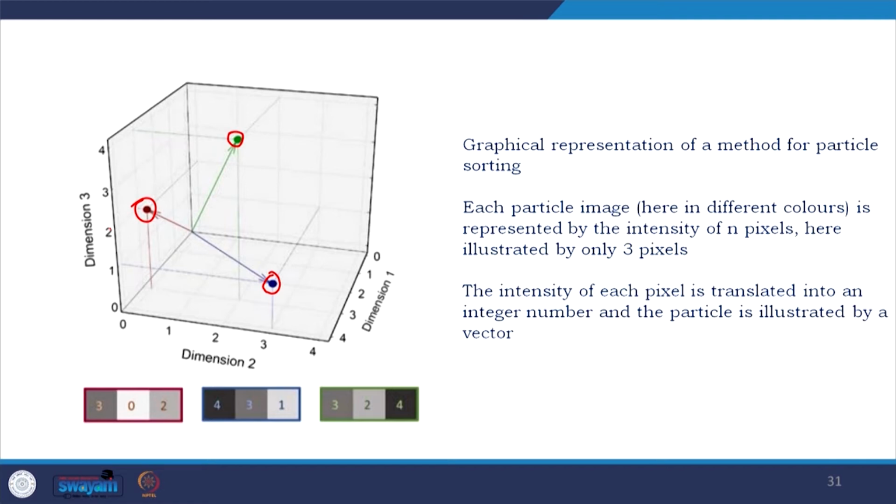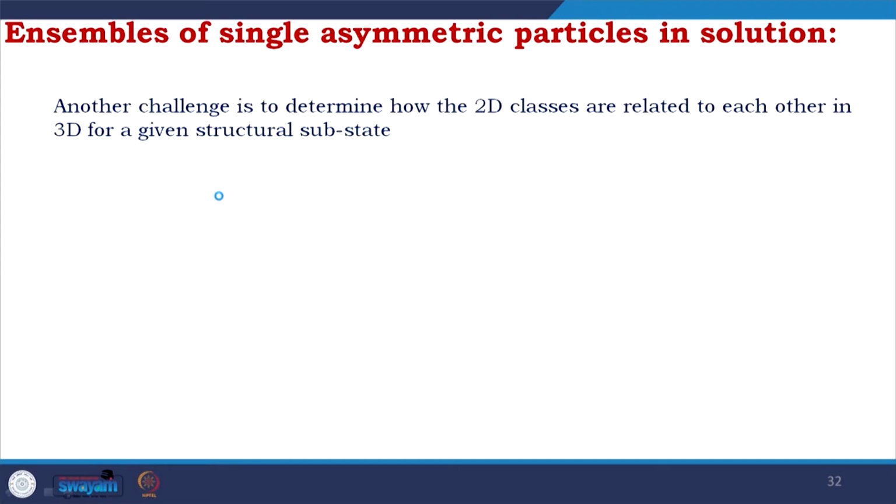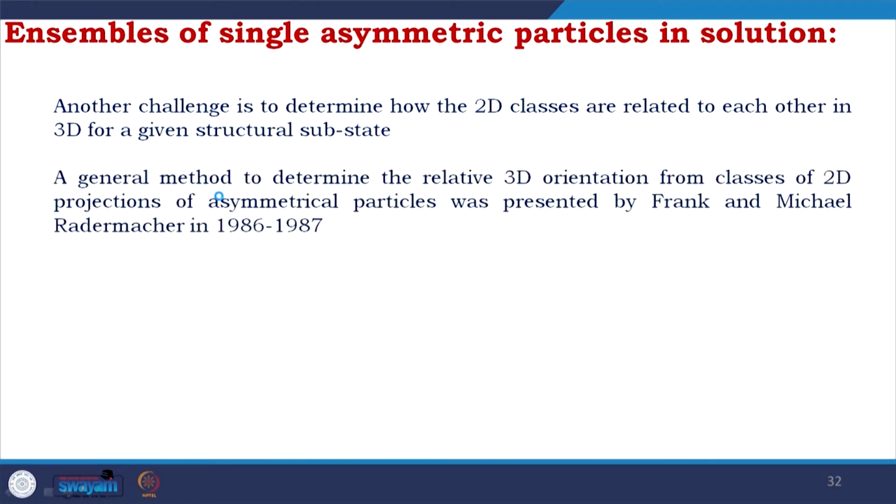So, if you see for the red, the pixels are collected, pixels are converted into the integer and separated. Another challenge is to determine how the 2D classes are related to each other in 3D for a given structural subset.